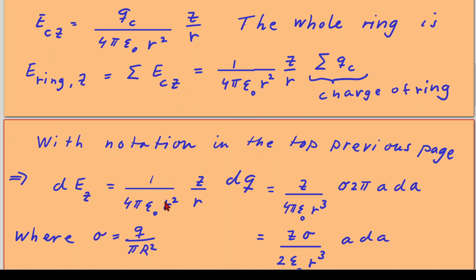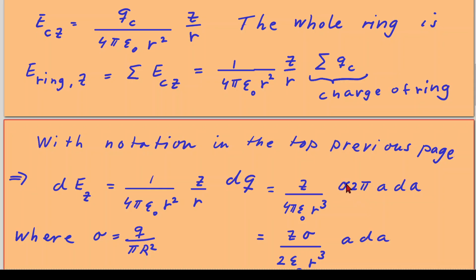It will be this formula, as you see here, but we call it dq because it's a small charge, and also the contribution to the electric field is small, so we call that dE. So let's see here, r squared and r here, that's r cubed. And the C, I'll put that there, and then the Q, we use that on the top of the page.